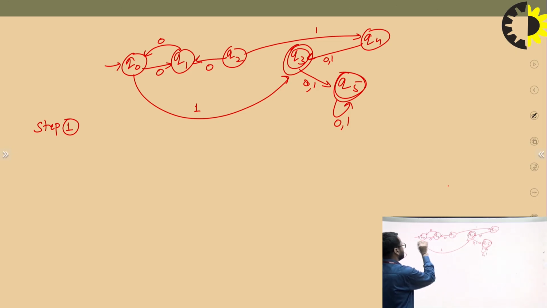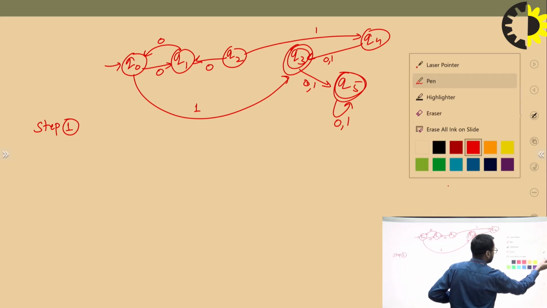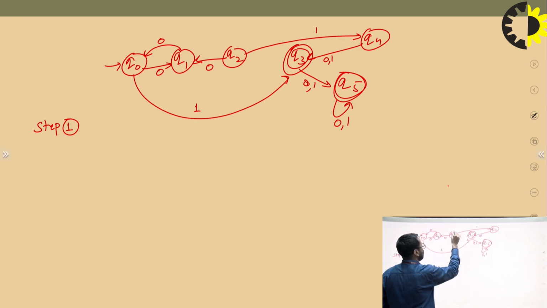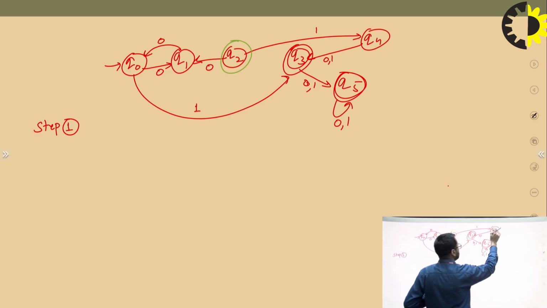So Q0 is accessible, Q1 is also accessible, Q2 also... Q2 is not accessible. The reason is that we cannot move from Q0 to Q2, so we will eliminate Q2, and when we eliminate Q2, Q4 is also eliminated.